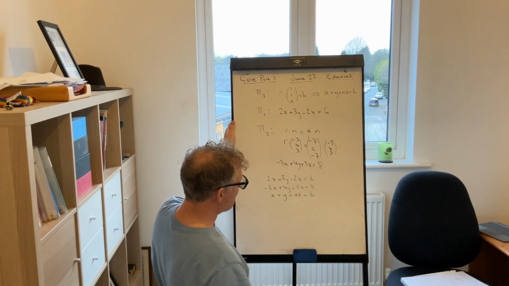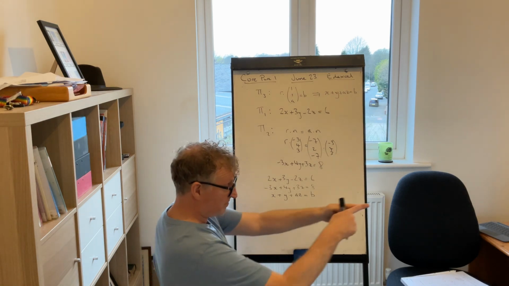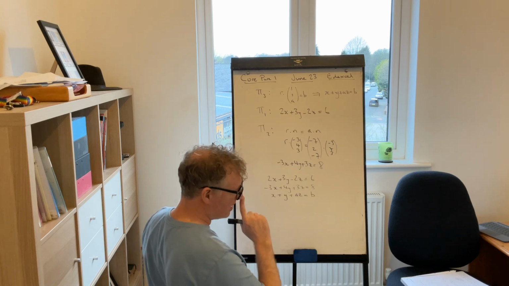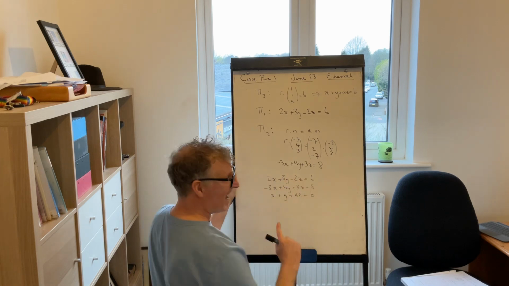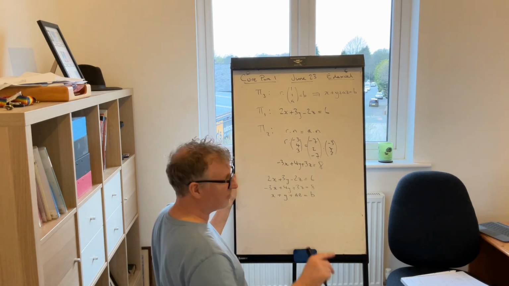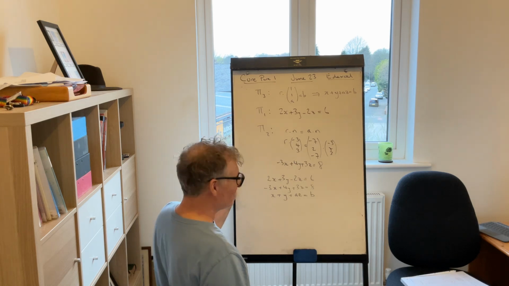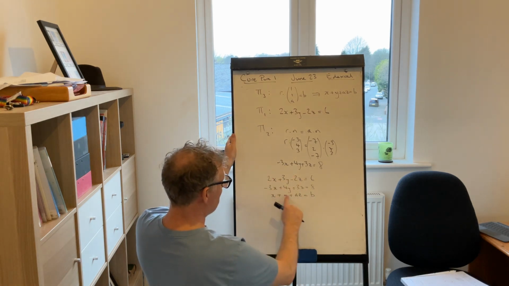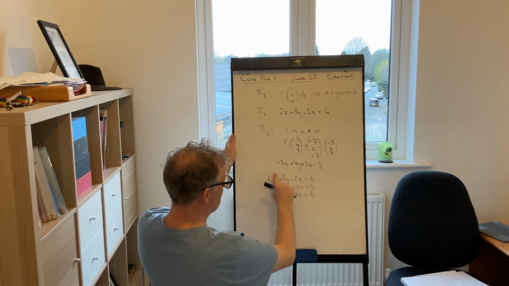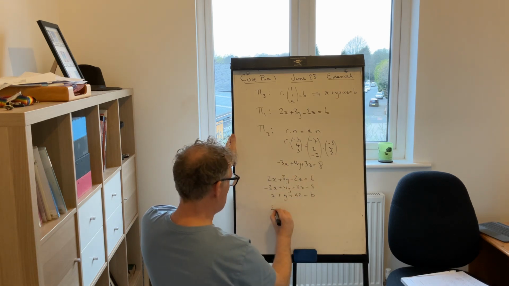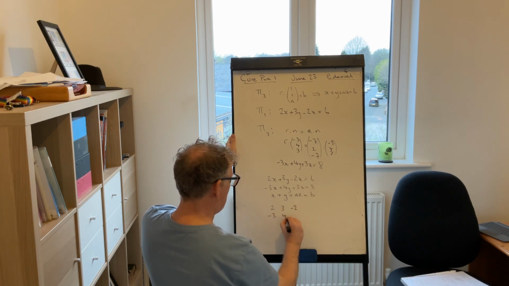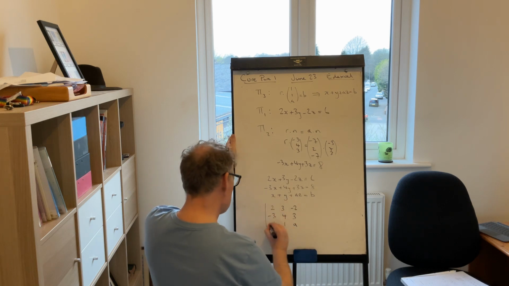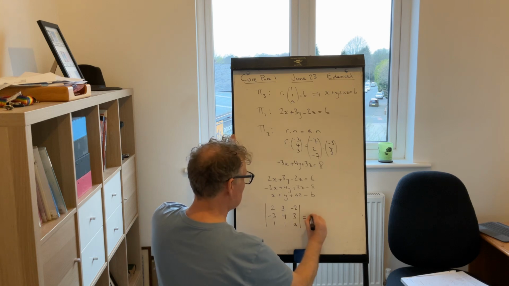Now, because there's not a unique solution for a sheath, it's a line of solutions, an infinite number of solutions, that means the determinant of this 3 by 3 matrix has to be 0. It's got to be singular. So we're going to write out the matrix formed by these 3 equations: 2, 3, -2; -3, 4, 3; 1, 1, a. And we know the determinant of that has to equal 0.